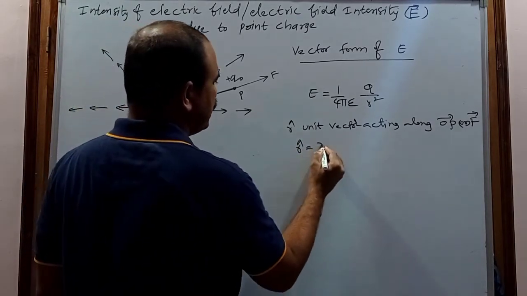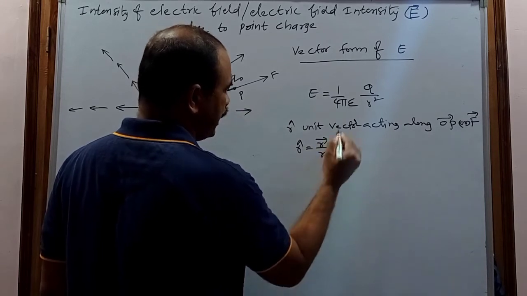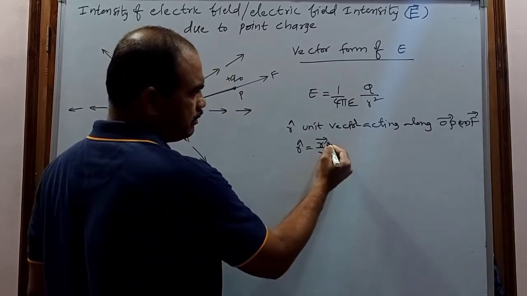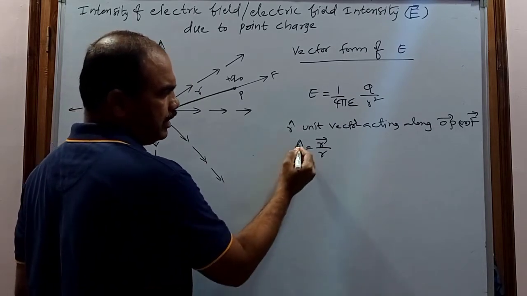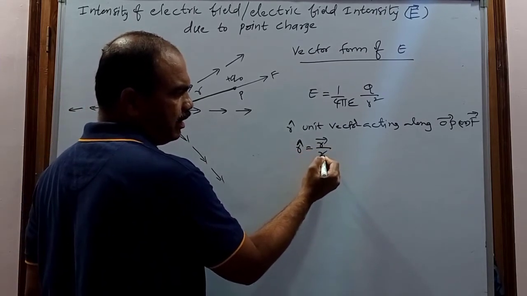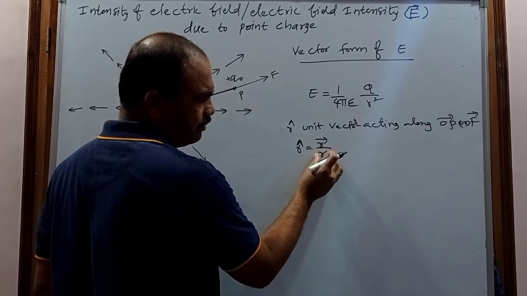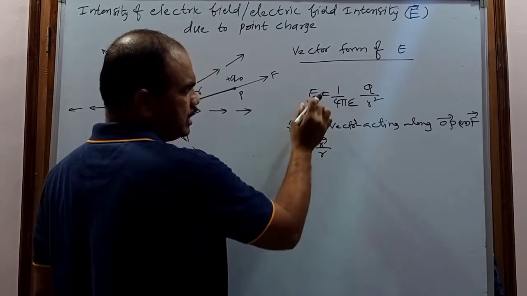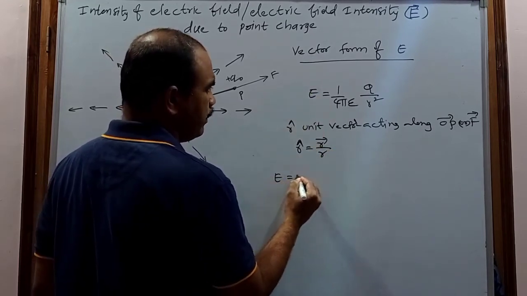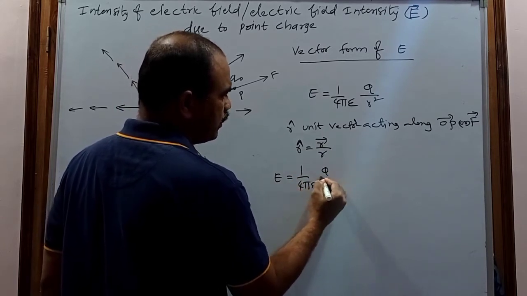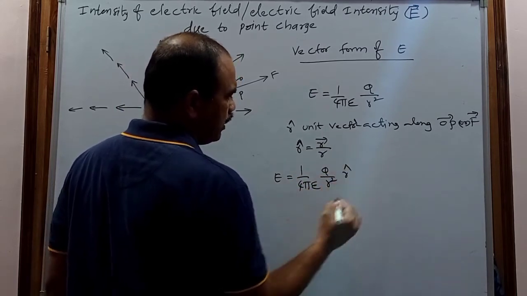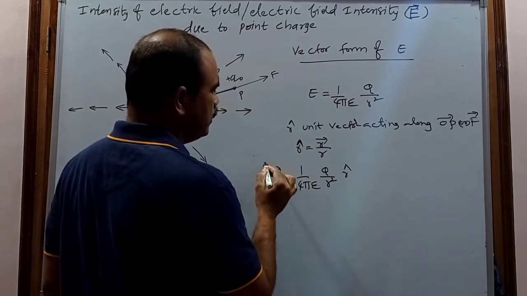If any vector is divided by its magnitude, you get the unit vector. Here the unit vector R cap is R bar by mod R, the magnitude of that vector. So if E is multiplied with the unit vector, E is equal to 1 by 4 pi epsilon Q by R square into R cap, then it will be converted into vector form.